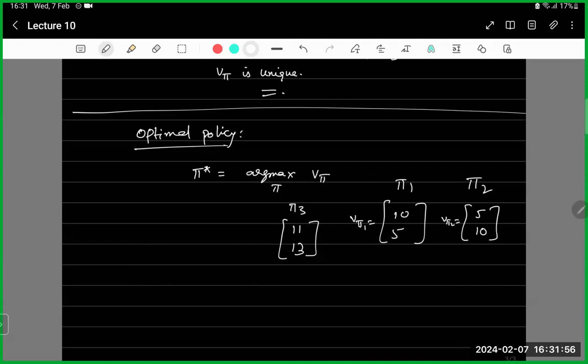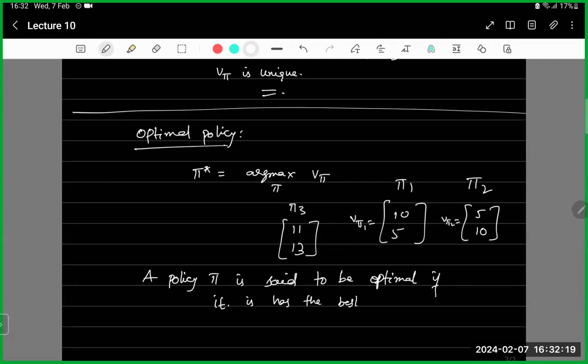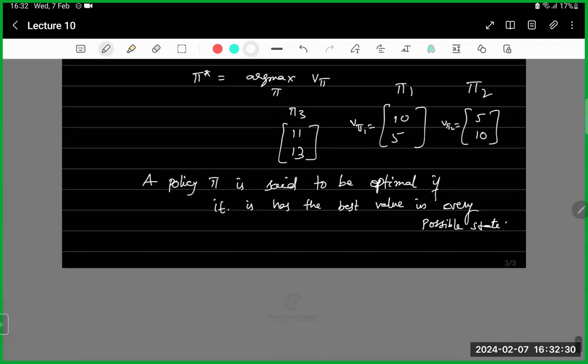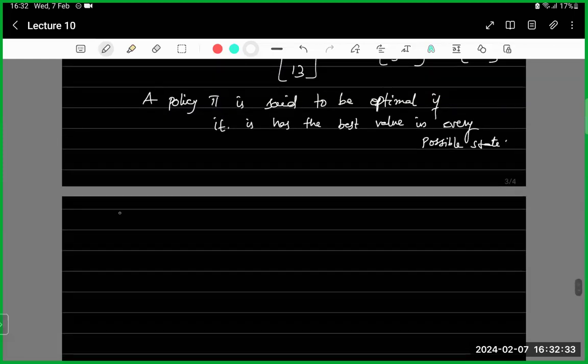A policy pi is said to be optimal if it has the best value in every possible state. Now, I am just giving you some sufficient conditions. So when will an optimal policy exist?